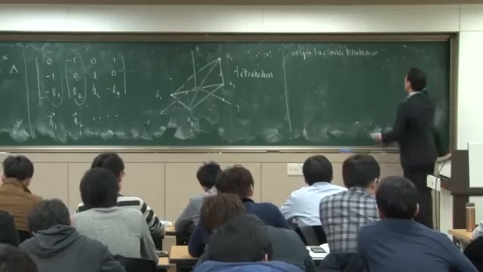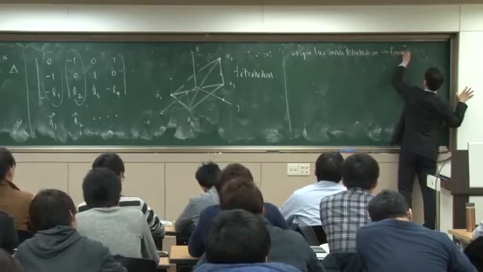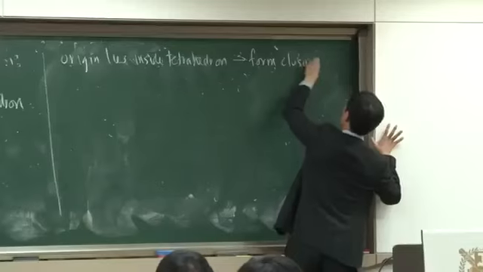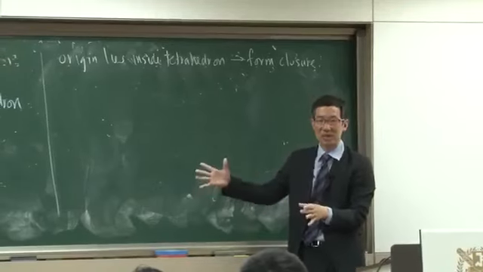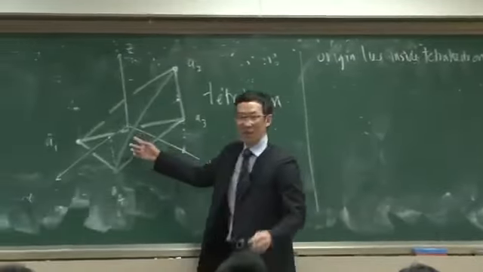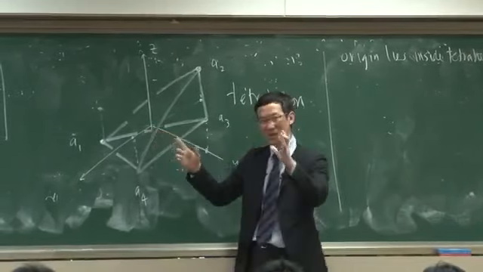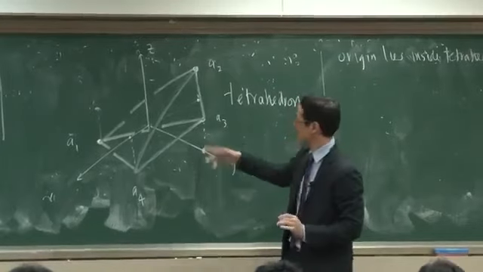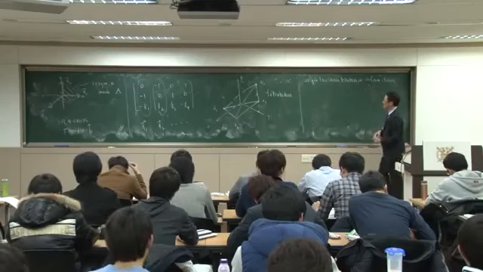The object cannot move. If it's outside the tetrahedron, we don't have form closure. So you have to imagine this tetrahedron. You can sort of see it. Practice drawing it, you'll get it.